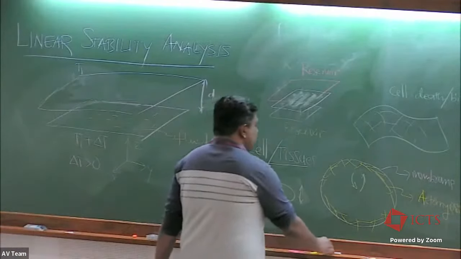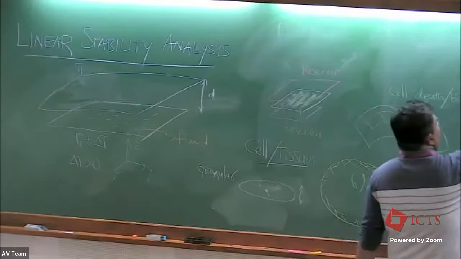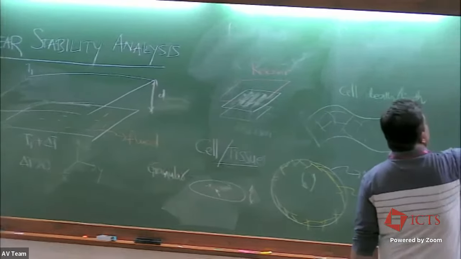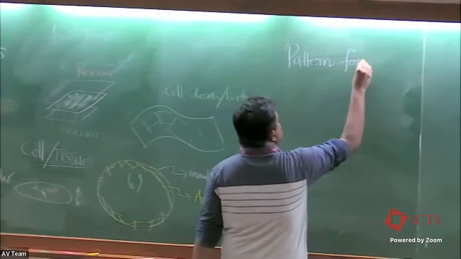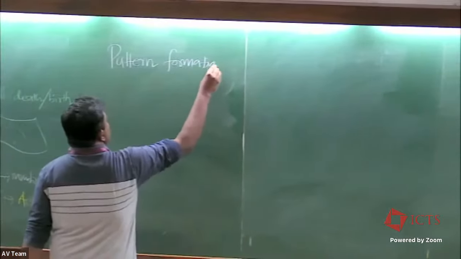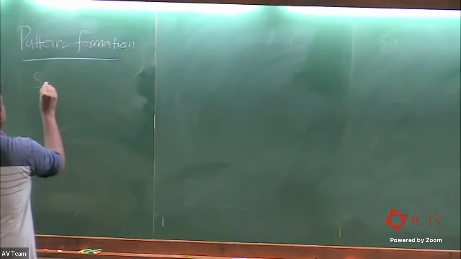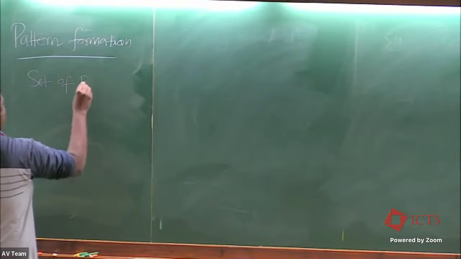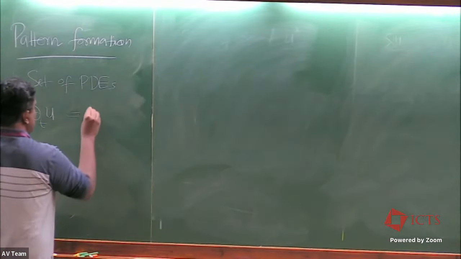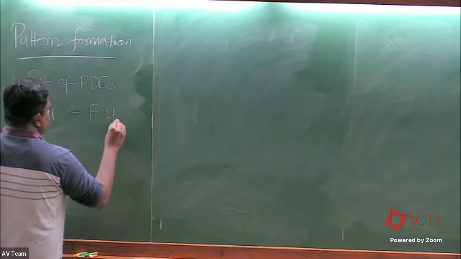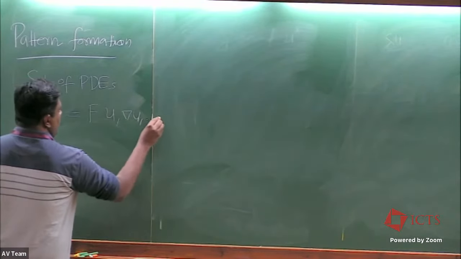Okay, so the general setup, therefore, is that a pattern forming system can be described by a set of partial differential equations, and we will write them in general as first order derivatives in time, and whatever is on the right hand side can be functions of u, some grad u, and so on.